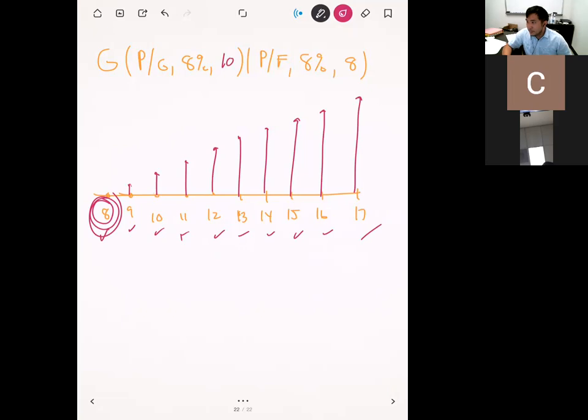And that shifts the next one over too, so instead of 8, this is going to be 7, because when you convert this, it goes to the year right before, which would be year 0 for that one. Got it.